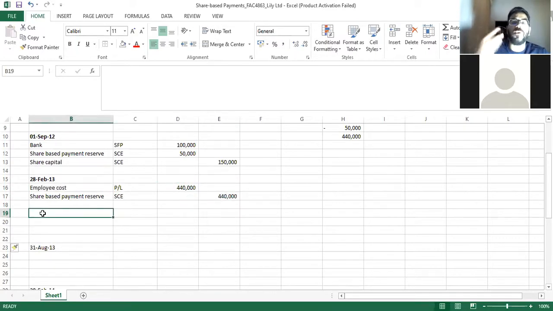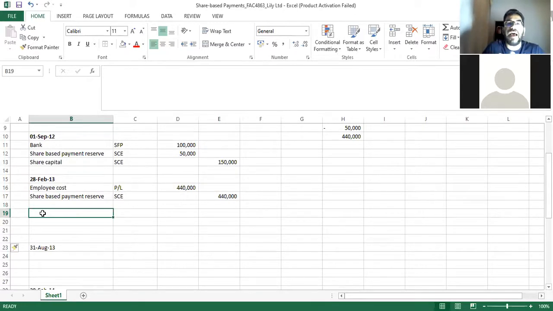Now, what is still in the 2013 financial year is the cancellation. So remember, what are we canceling relating to the share scheme? We are canceling the entire share scheme, not the options, only the shares.